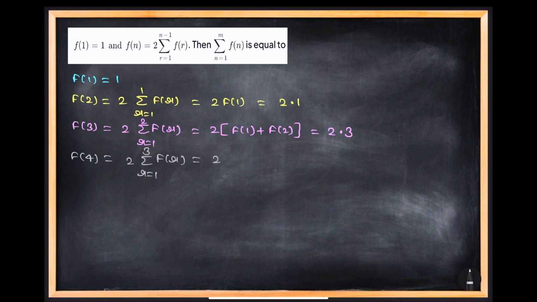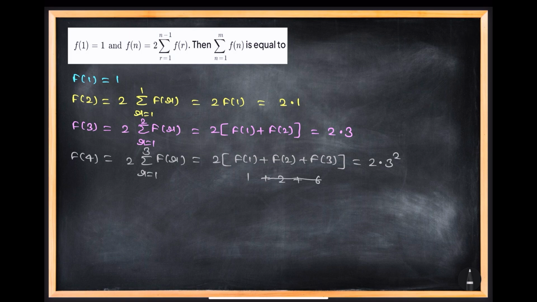Now 2 times f1 plus f2 plus f3. Now be super slow and look at your observation. So f1 is 1, so 1 plus 2 plus 6. So it is 9. So 9 can I write as 3 power 2?